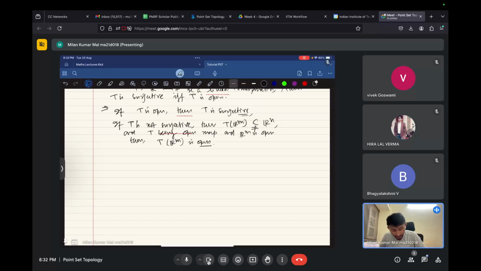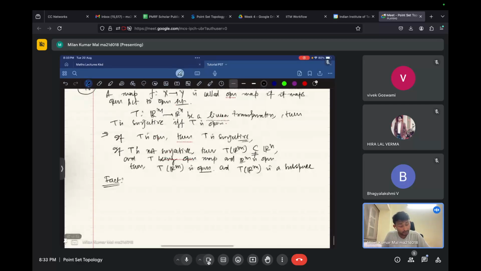Now, if you want, I will prove this fact. The fact is that the interior of a proper subspace of a vector space is empty. Basically, any proper subspace can't be open, and T of R to the power m is a subspace. This is a vector space.